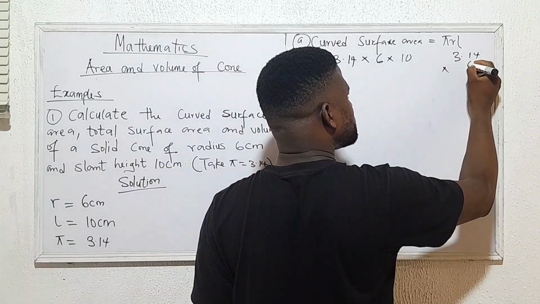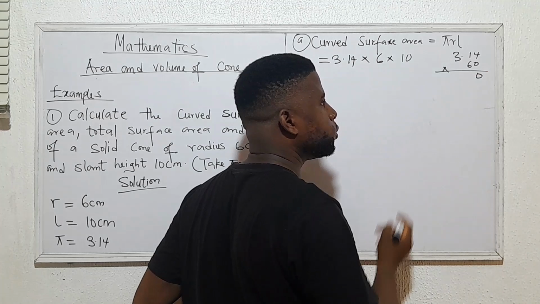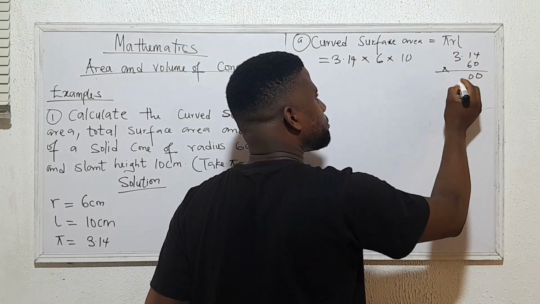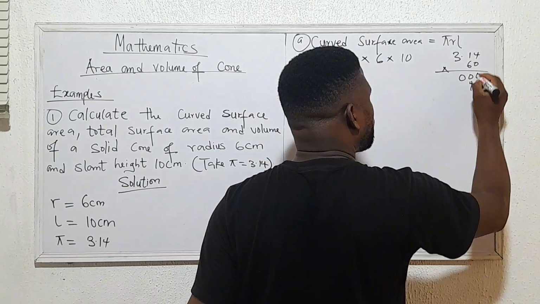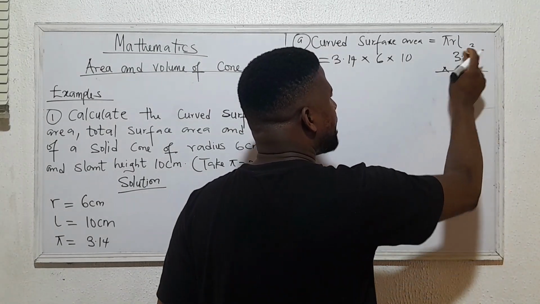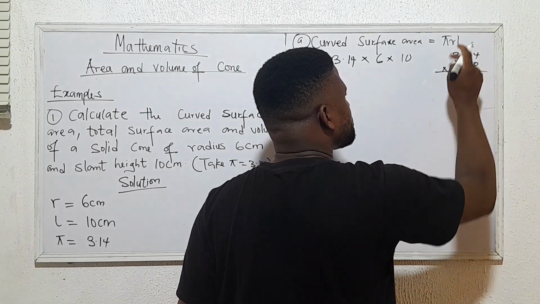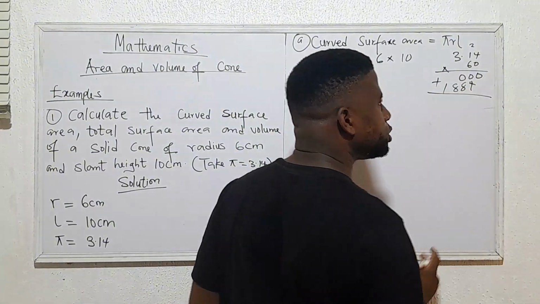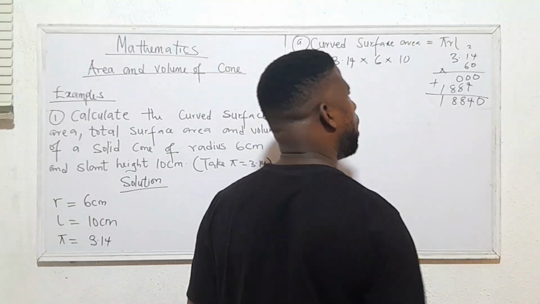So 0 times 4 is 0, 0 times 1 is also 0, and 0 times 3 is also 0. 6 times 4 is 24, write 4, carry 2. 6 times 1 is 6 plus 2, we have 8. And 6 times 3 is 18. If we sum it up, we have 0, 4, 8, 8, 1.